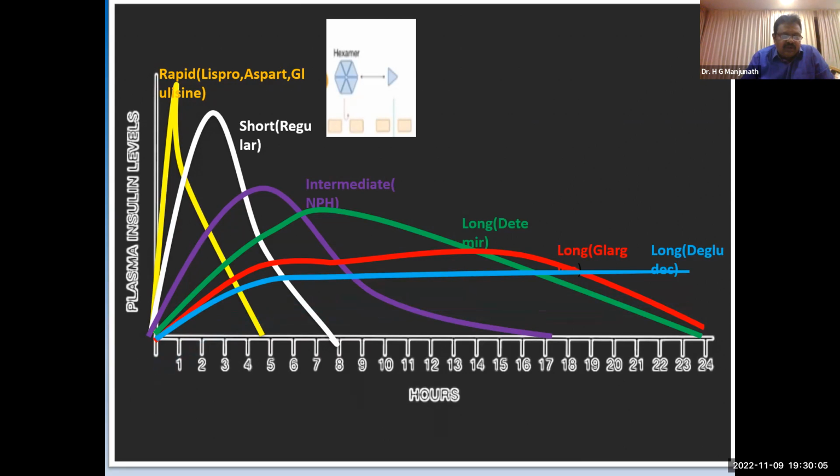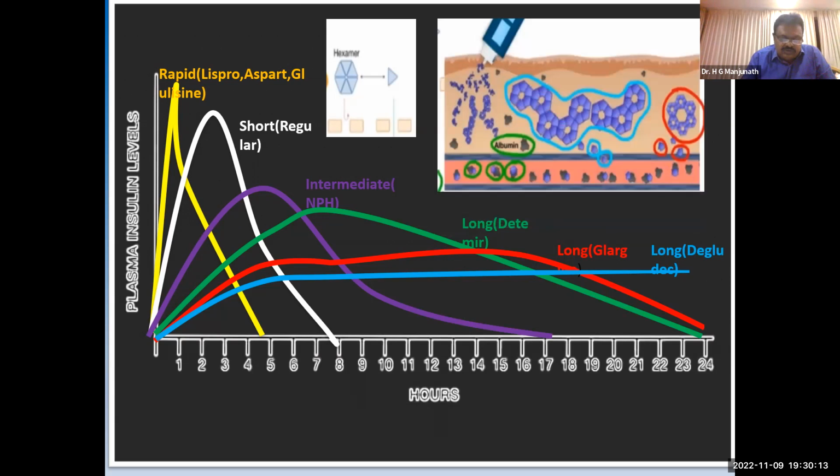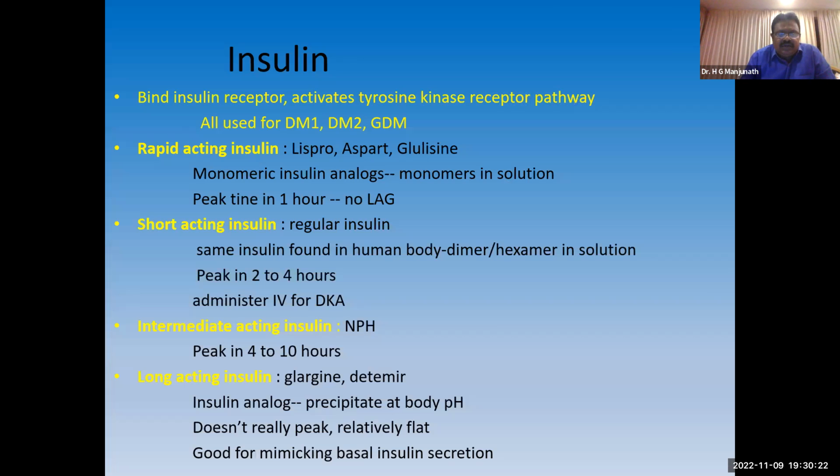Again, all these effects are the results of modifications of the insulin molecule, modifications that decrease the absorption of insulin into the circulation. So to summarize, the insulin preparations are rapid-acting, short-acting, intermediate-acting, and long-acting insulins.